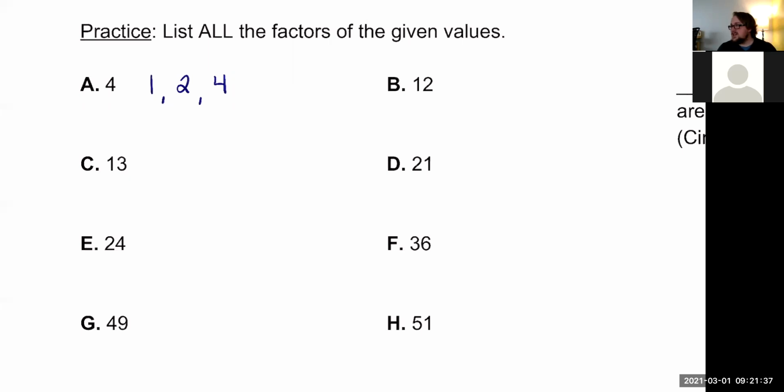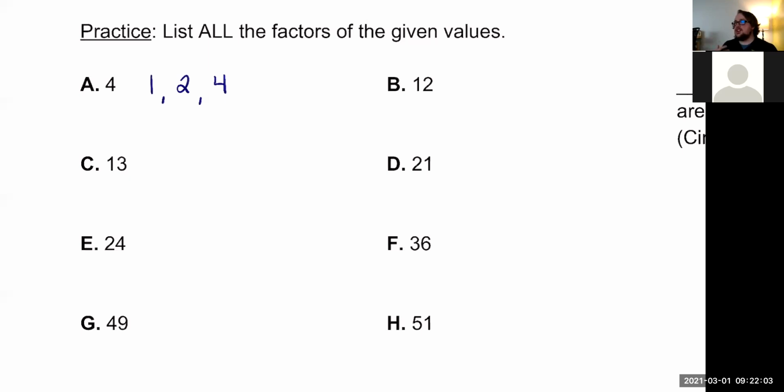So that list wasn't terribly exciting because there's only 3 factors of 4. What about 12? 1, 12, 2, 4, 6. There's 1 we jumped over. Miranda says 3.